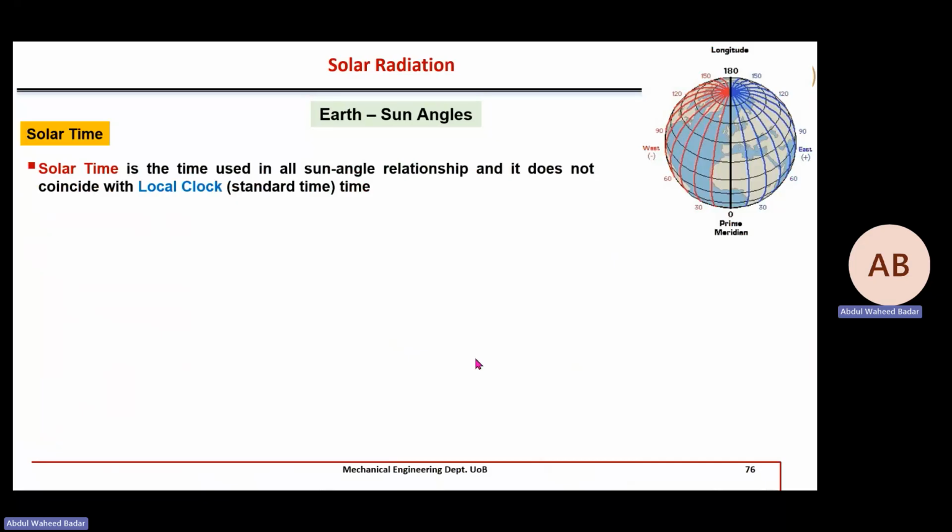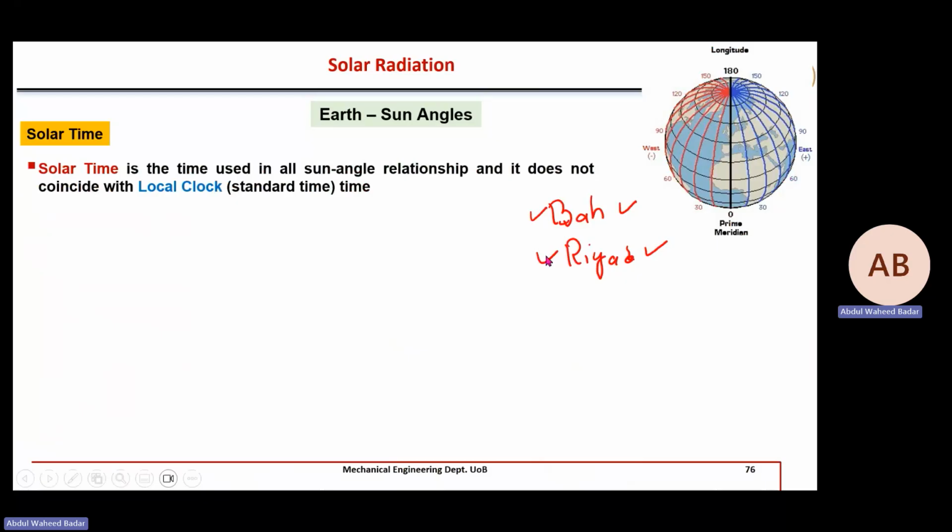The local time, for example, in Bahrain and Riyadh is exactly the same, but their longitude is not exactly the same, right? That's why the location of the sun at a particular time in Bahrain and Riyadh will not be exactly the same, because their longitude is a little different.